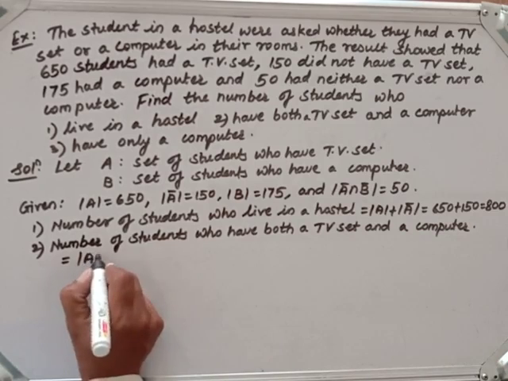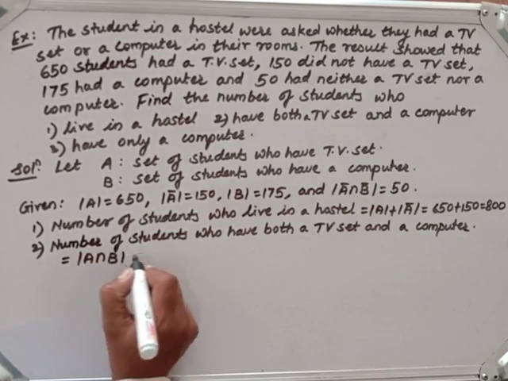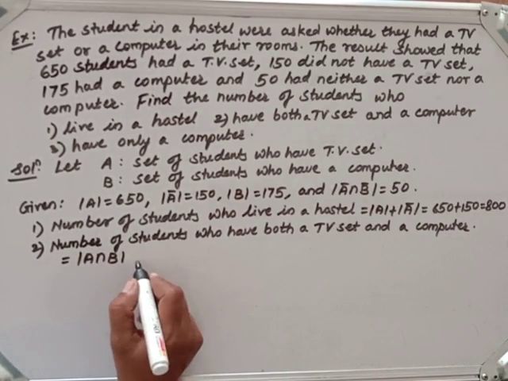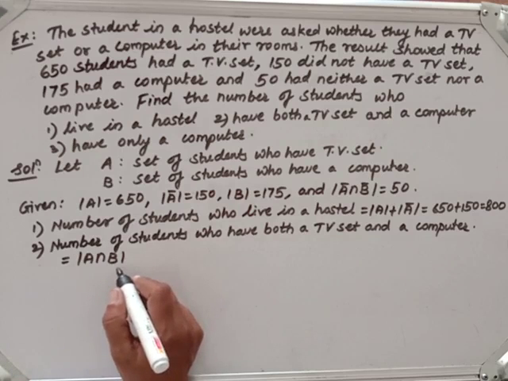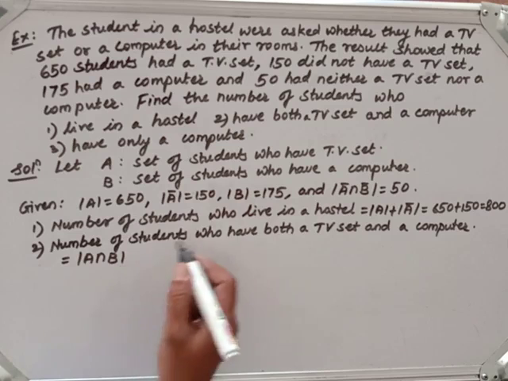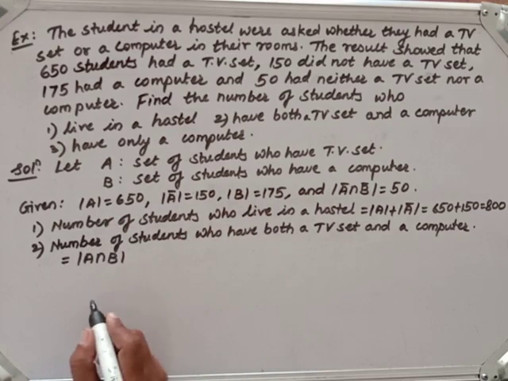This is what, A intersection B. Now to determine A intersection B, first of all we should have A union B. We have A and B with us.